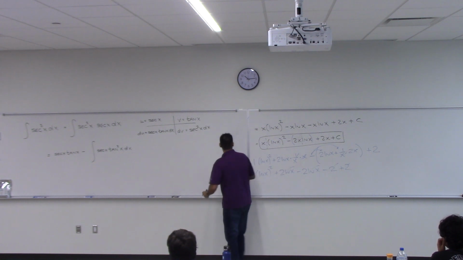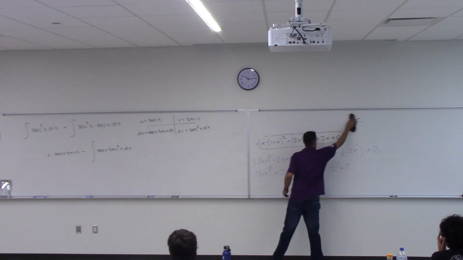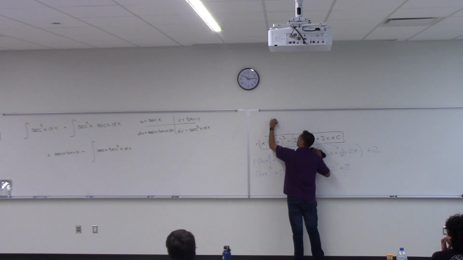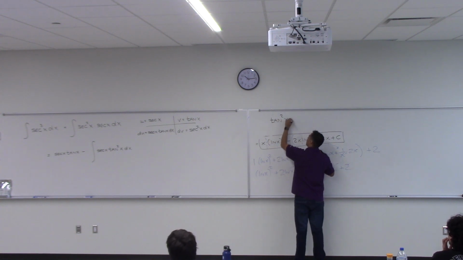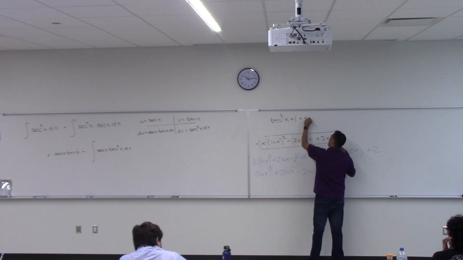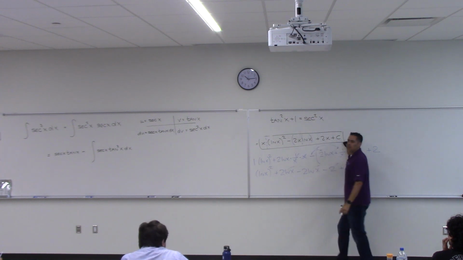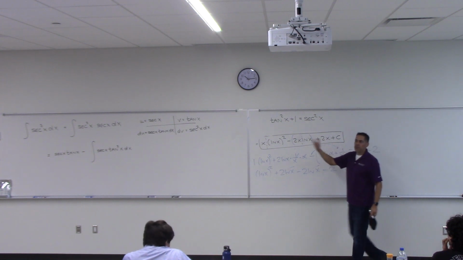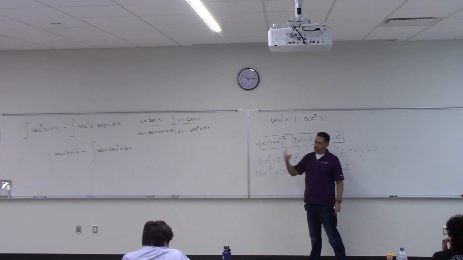So here it is. I'm going to go back to pre-cal, and I'm going to go back to a Pythagorean identity. I have a Pythagorean identity in pre-cal that says tangent squared x plus 1 is equal to secant squared x. You remember that? You have 3 Pythagorean identities. The most important one is sine squared x plus cosine squared x equals 1. But there's 2 others.